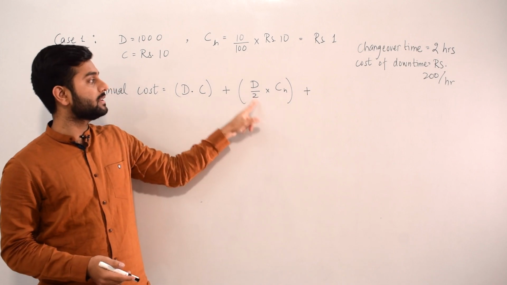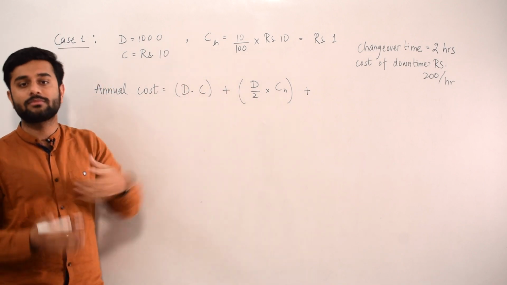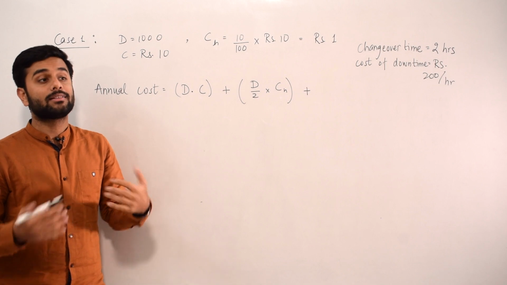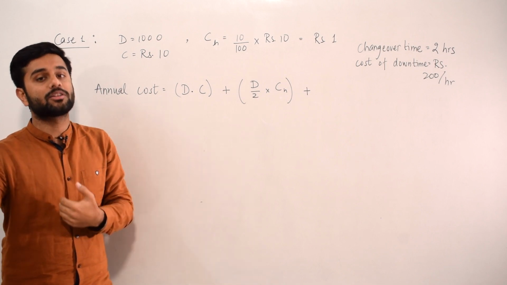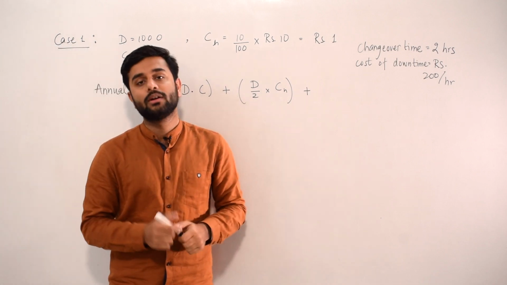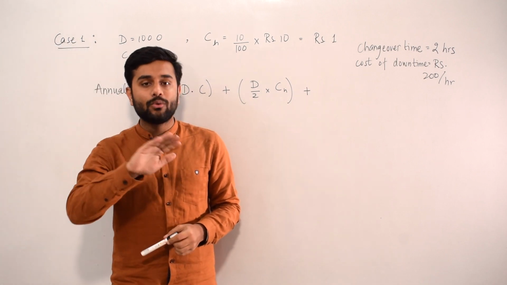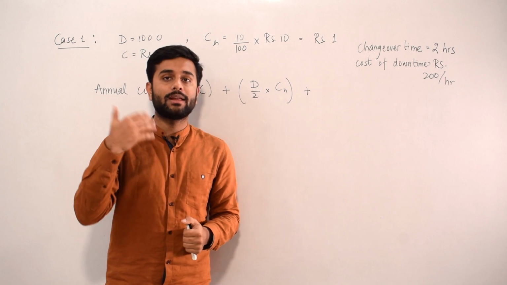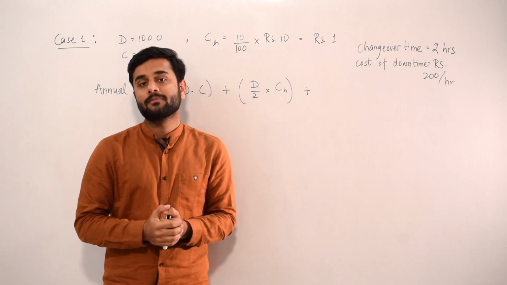So average inventory is 1000 divided by 2. We are not considering that different orders are placed. If you look at case 1 or even case 2, you will see that it nowhere mentions that you have to place different orders.